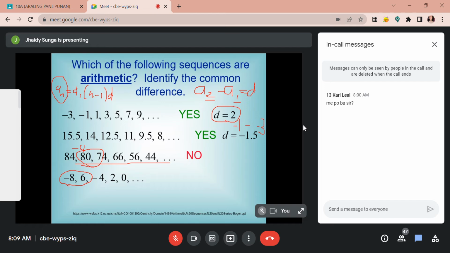The difference would be 6 minus -8. So how are we going to deal with that one? We'll change the operation or the sign, right? So with this one we have negative, and for -4, what would it be?